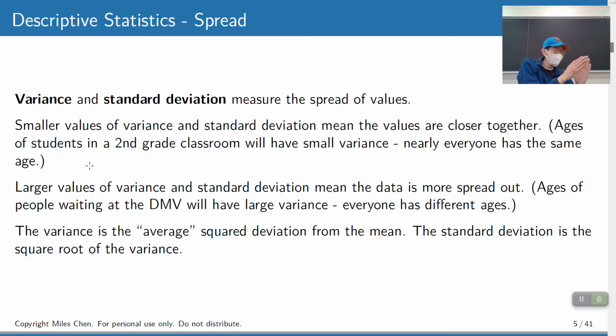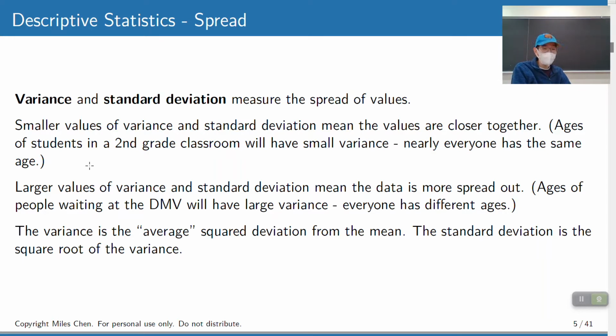You have teenagers who just turned 16 and they're excited to get their driver's license. You have seniors, you have adults renewing vehicle registration. Sometimes they have to bring their children along. So you got old people, young people, everybody in between. You're going to have a very large variance in ages at the DMV, okay?